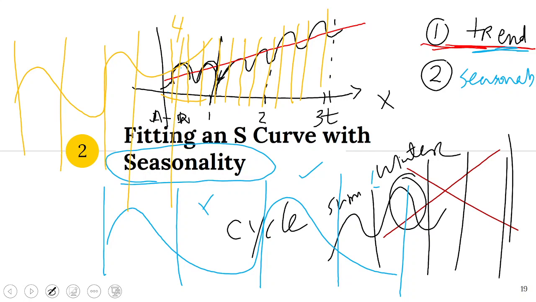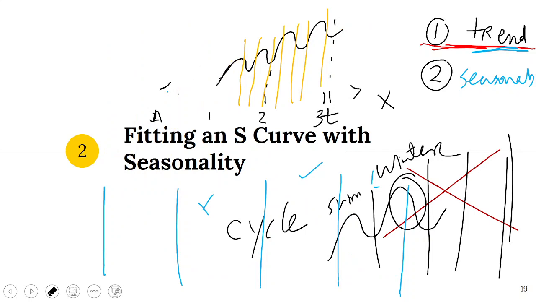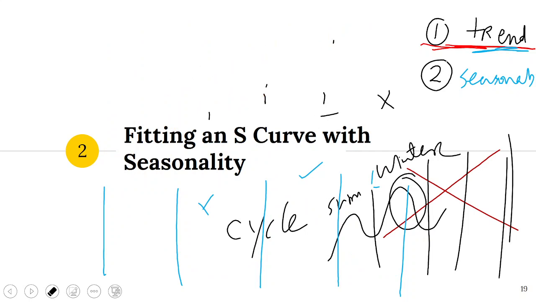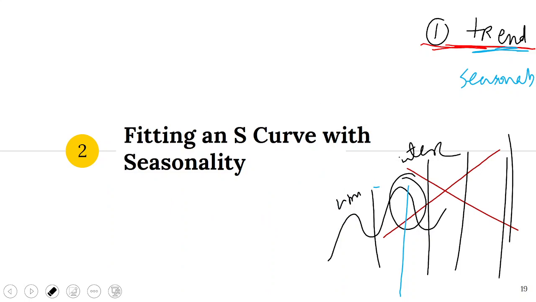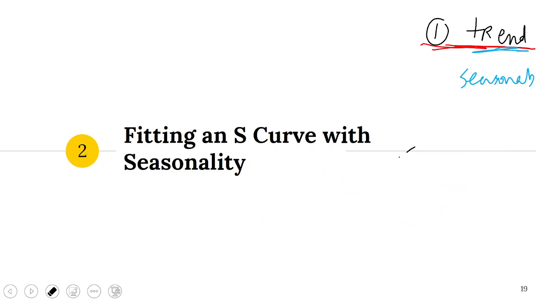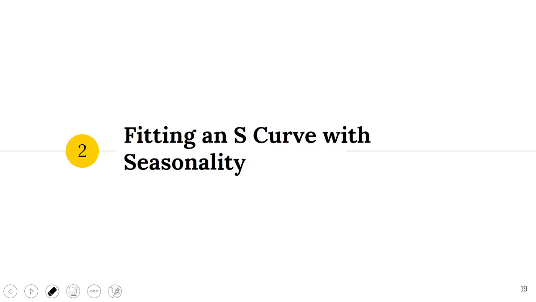I hope you understand what I'm talking about, even though the slide looks very scary now. But the idea of a cycle is that it's not necessarily true that because we have 4 seasons in the year, we definitely will have 4 cycles for each year. This is not true. And seasonality has nothing to do with the cycles.